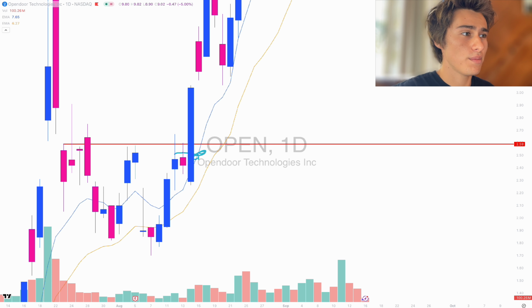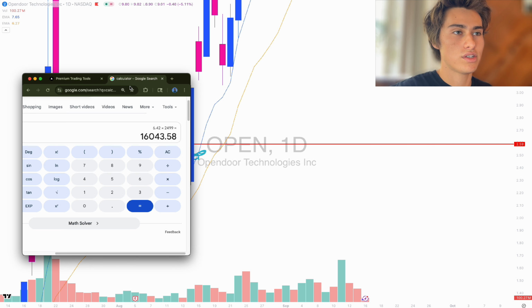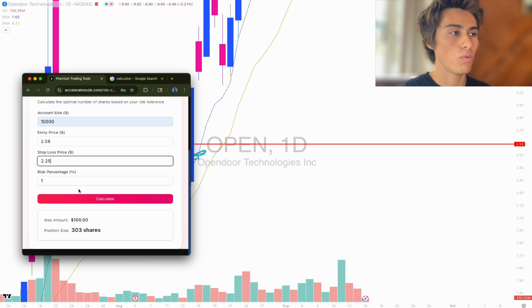But if we did that, we would only be able to buy 300 shares. So $6.42 profit per share times 300, that's still a good trade, but it's nowhere near $16,000, is it? So it shows you the power of where that stop loss is.